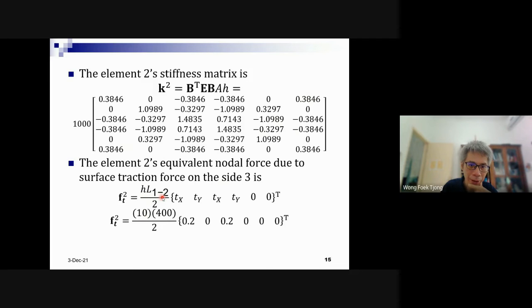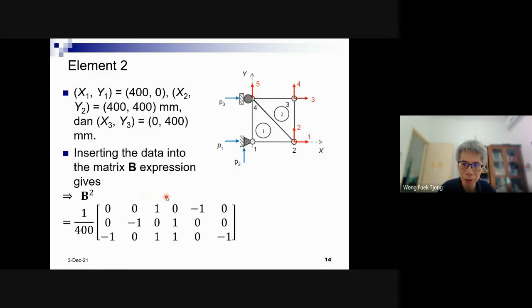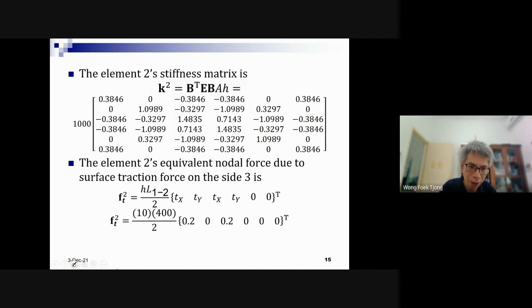The length of side 1, 2 for this element, with the local numbering 1, 2, 3, is L12, which is equal to 400 millimeter. So we can write that. We just plug into this formula: 400 times thickness divided by 2. The Tx is what?